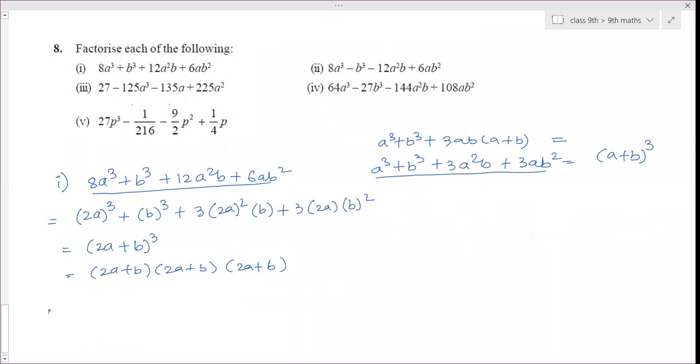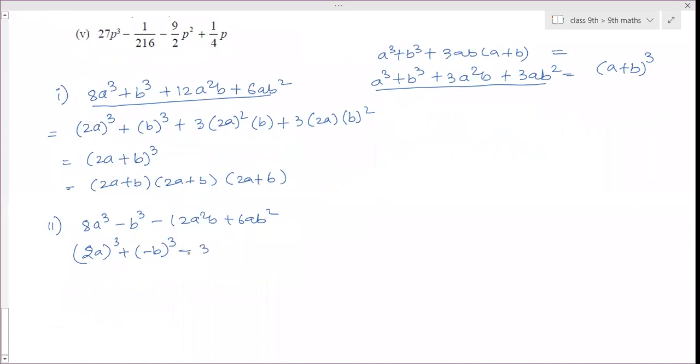Now the second one, the difference also I will show you. 8a cube, the same terms with the different sign, opposite. Plus 6ab square. Now here b value is minus b. So here it is 2a whole cube plus minus b whole cube. Minus b whole cube is minus.